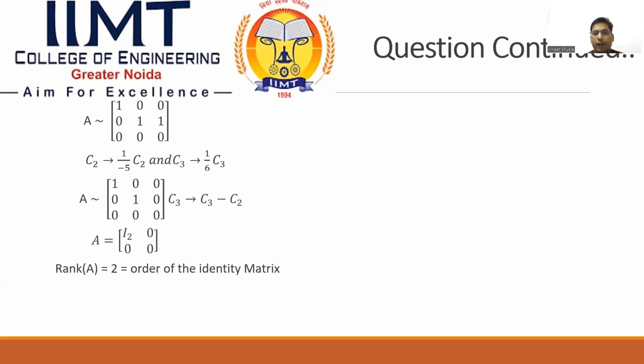Therefore we divide column 2 by minus 5 and column 3 by 6. Therefore A is equivalent to 1 0 0, 0 1 1, 0 0 0, and C3 goes to C3 minus C2. Therefore we get the matrix 1 0 0, 0 1 0, 0 0 0, which is equivalent to I 2 cross 2 with zeros. Therefore, the rank of the matrix is equal to the order of the identity matrix, which is 2.